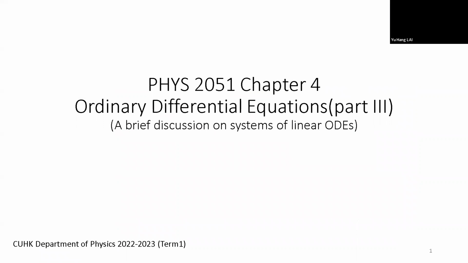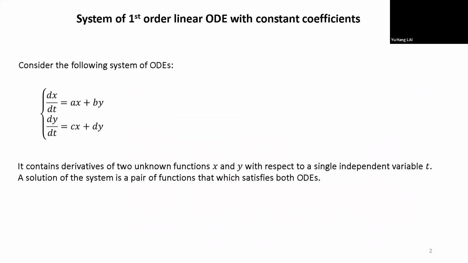Instead, it's a system of differential equations. So basically, what I'm considering is the following: dx/dt is given by ax plus by, and dy/dt is given by cx plus dy.